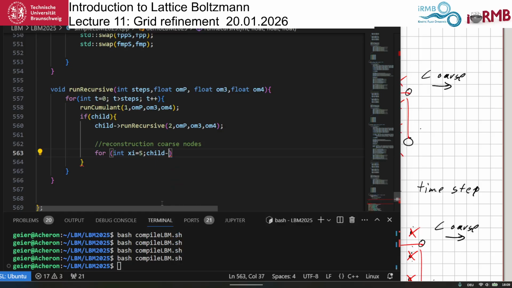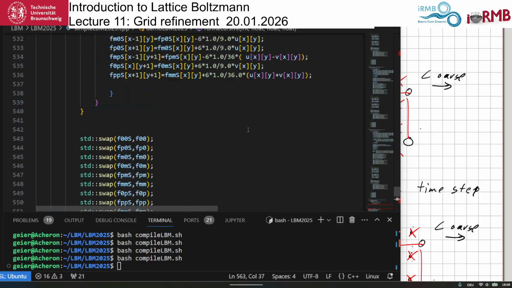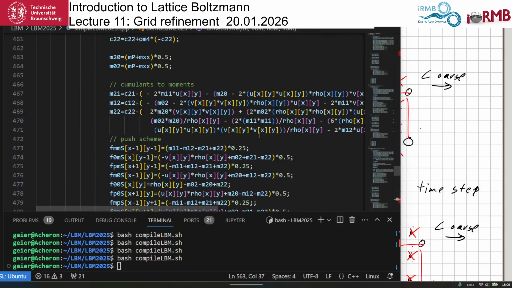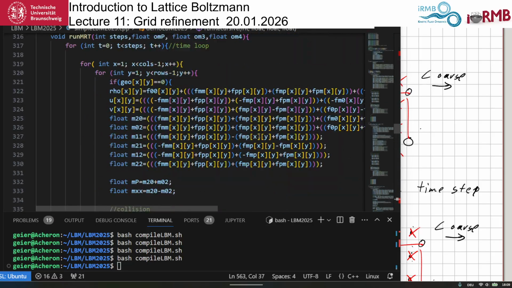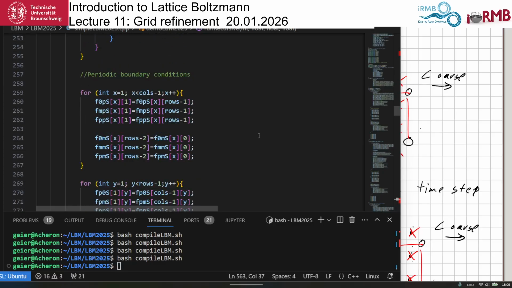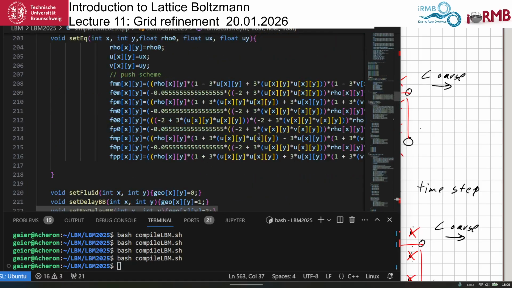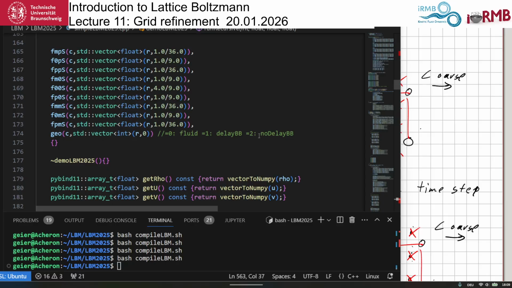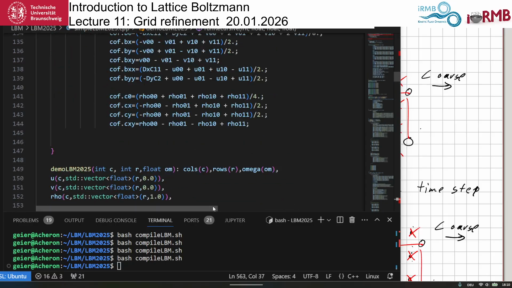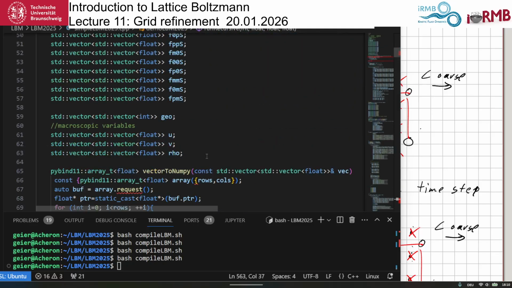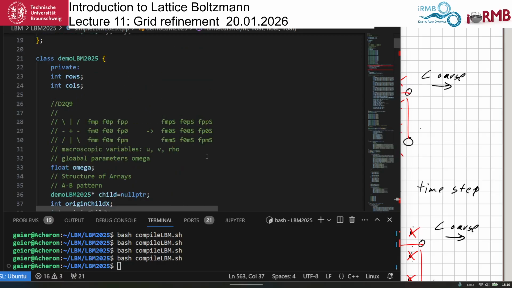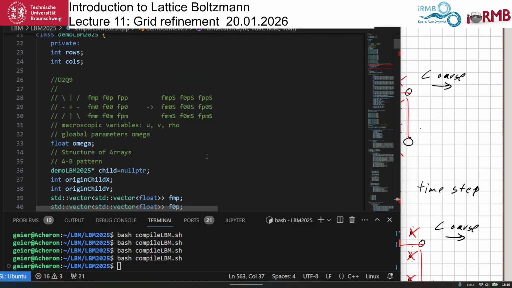Oh, we do not have a getter for the rows. Not implemented a getter for the rows. Why don't we? So always implement your getters and setters. Rows and columns.